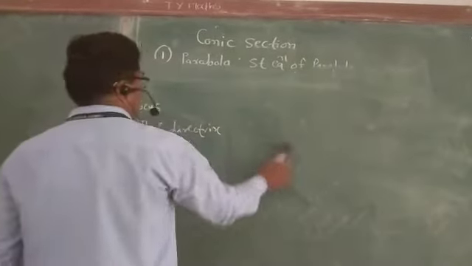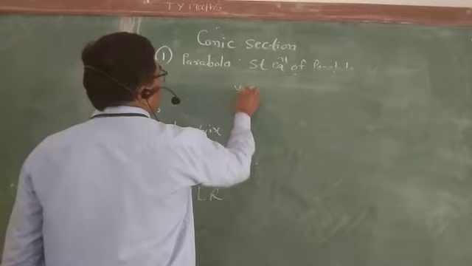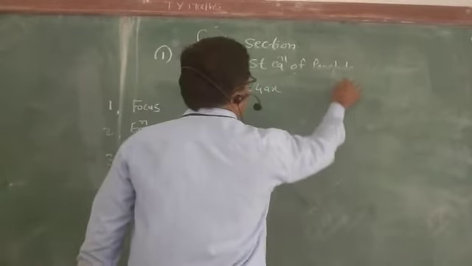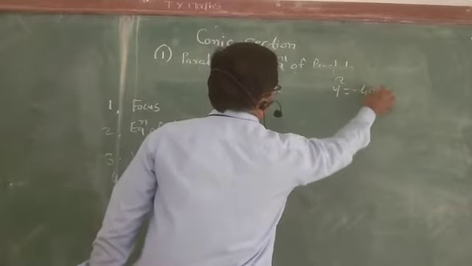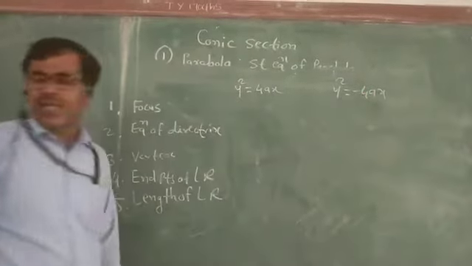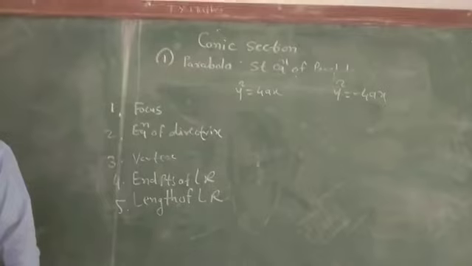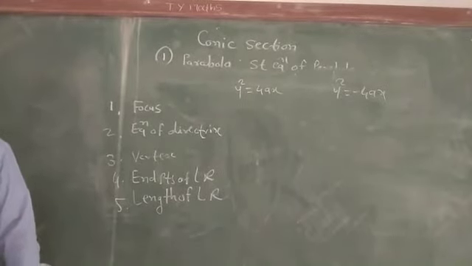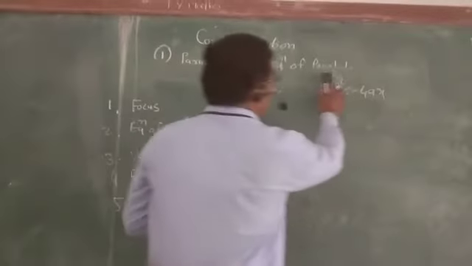For parabola y square equal to 4ax, y square equal to minus 4ax, or x square equal to 4by.